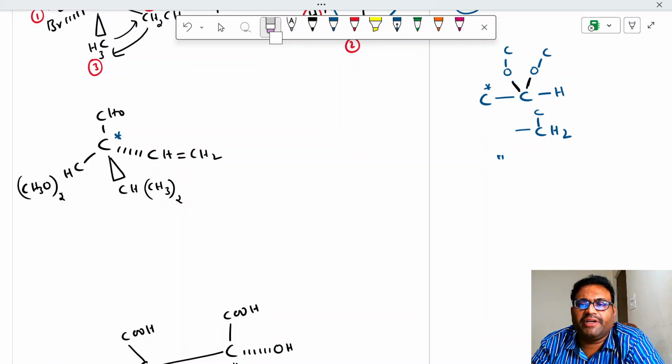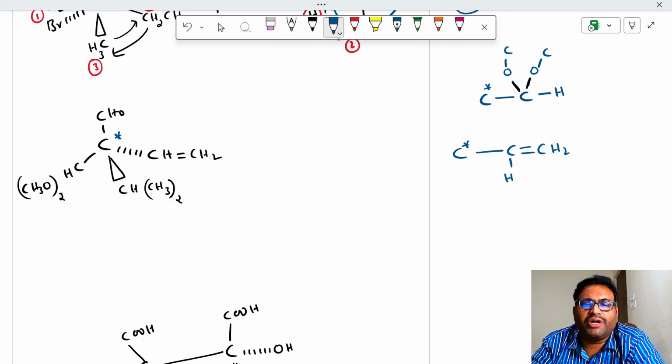So let us make it big so that there will not be any confusion. C star, here C double bond C, H2. Now what you have done is you have broken this pi bond and converted it into hypothetical sigma bonds. Actually, this pi bond is between carbon and carbon. So again, you get C and C here. Are you getting this? Right?